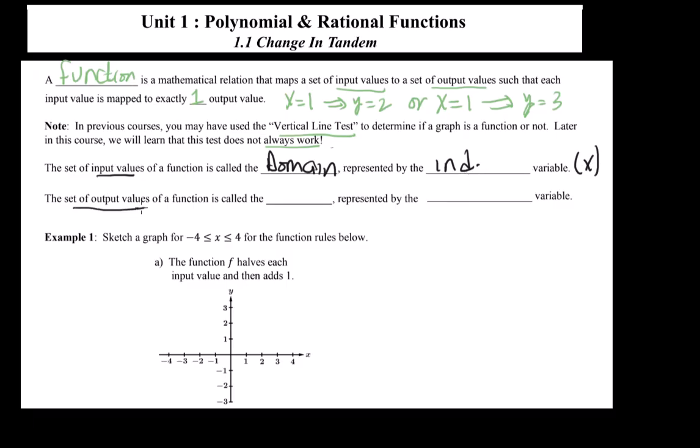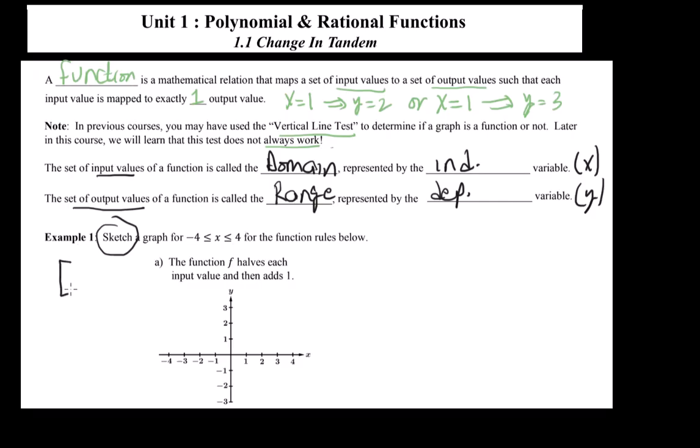And the set of output values of a function is called the range, which is the dependent variable, also the y value. So knowing this, let's sketch this given function which has a closed interval. x is greater than or equal to -4 and less than or equal to 4.